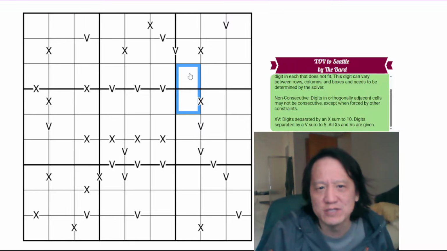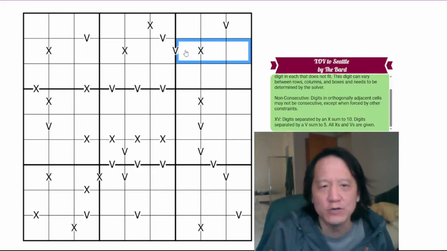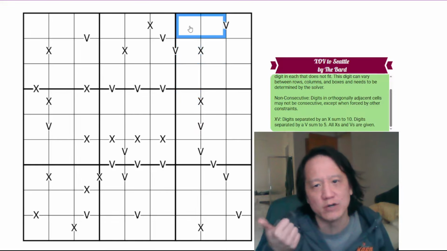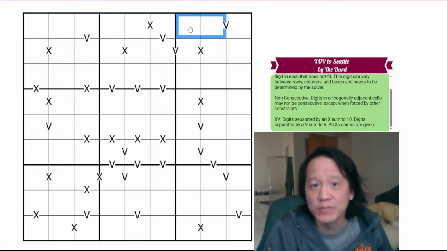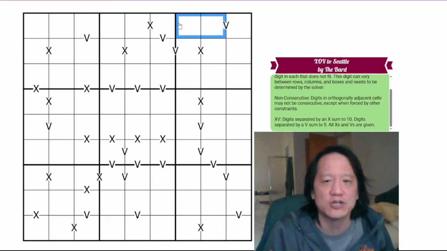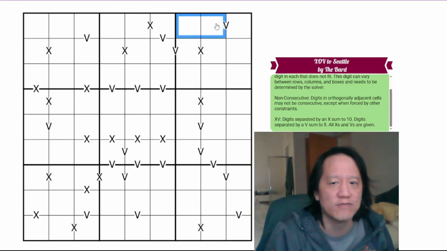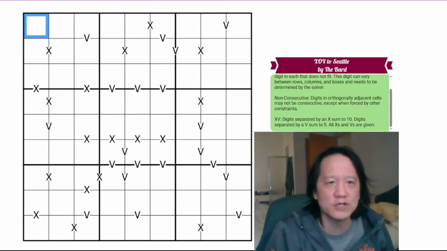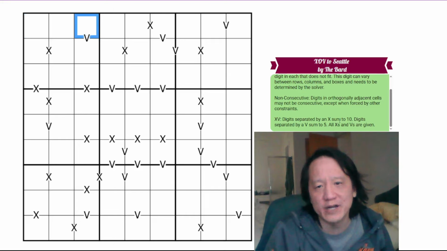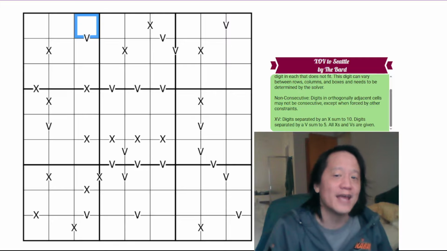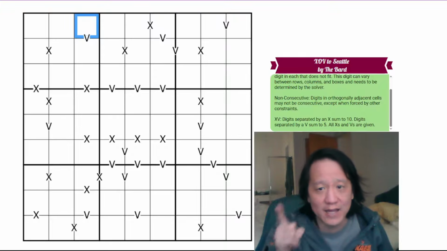I think it just means that in this puzzle no two cells that share an edge can be consecutive, which is what orthogonally adjacent cells are. And digits separated by an X sum to 10, digits separated by a V sum to 5, and all X's and V's are given.